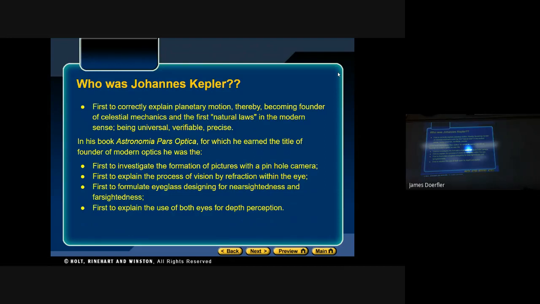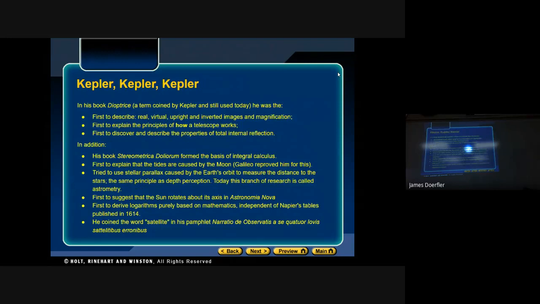So if you are an individual who wears glasses, you can really thank Kepler for this. If you want to, you can read all the stuff that he did, okay? If you really want to thank him, this one right here. He formed the basis of integral calculus. So you're welcome, says Kepler.